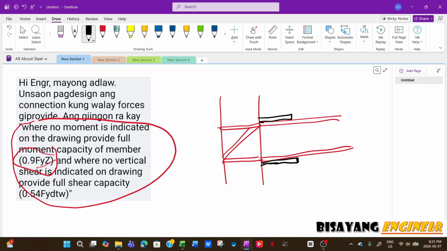That would be your moment plate. If this is welded or bolted, that's bolted, and then you will have your shear plate here. So if this connection is designed based on the full plastic moment capacity of the building, it's gonna be really expensive.